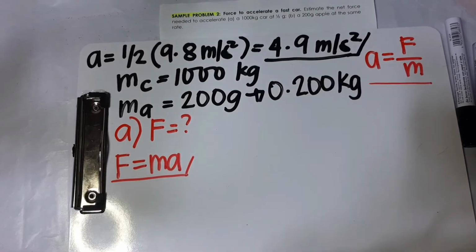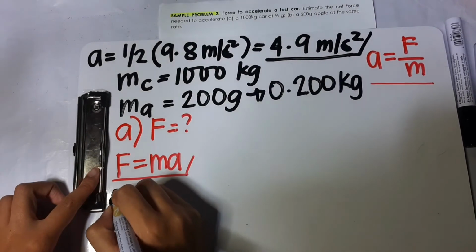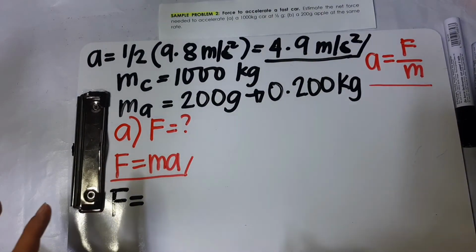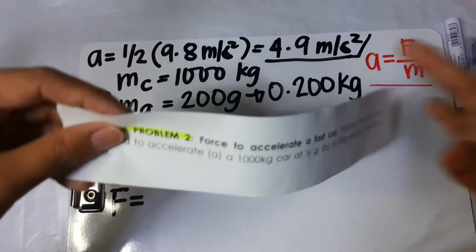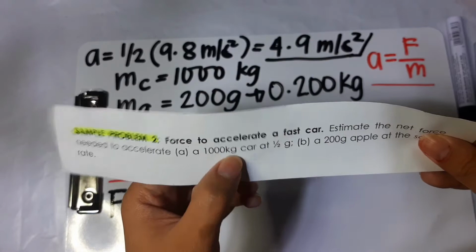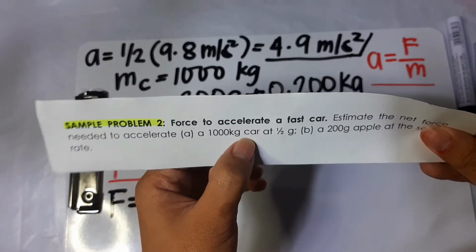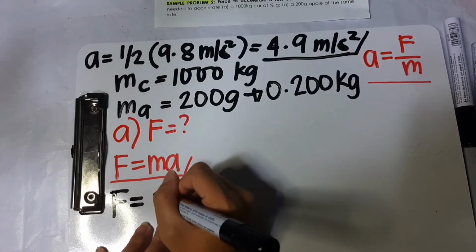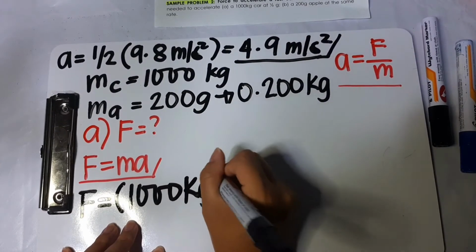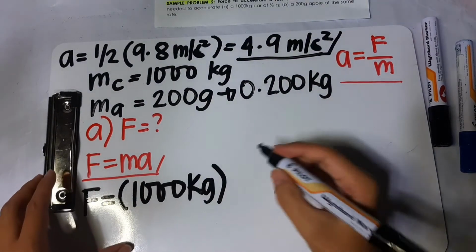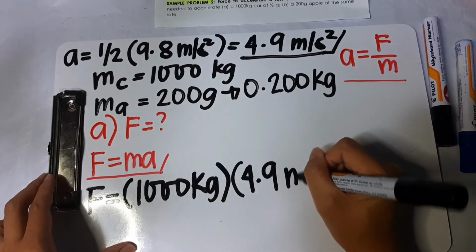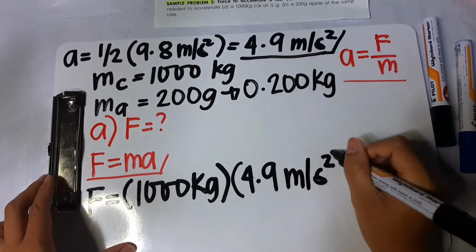So let's solve. Your force is equal now to the mass of the car. Remember, here in the problem, letter A, the 1,000 kilogram mass is given to the car. So we're going to use the 1,000 kilogram times the acceleration, which is the 4.9 meters per second squared.